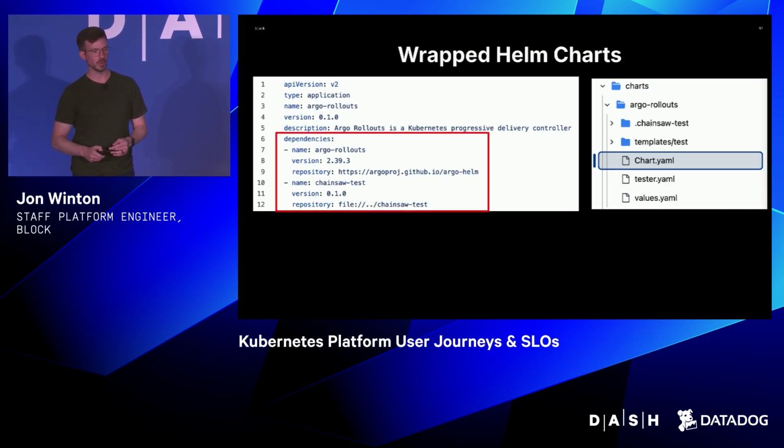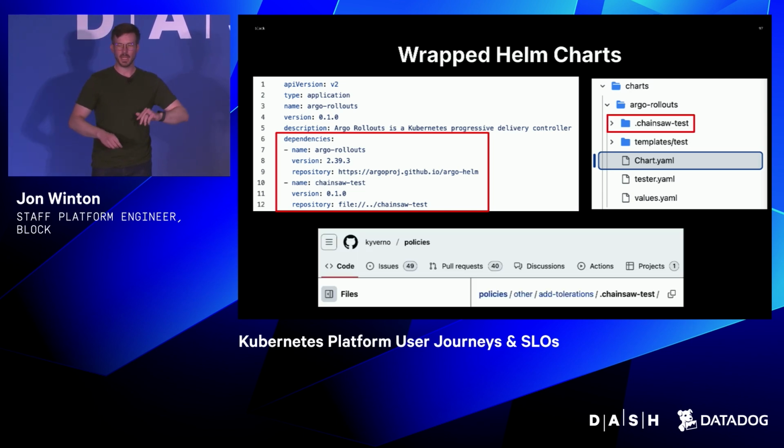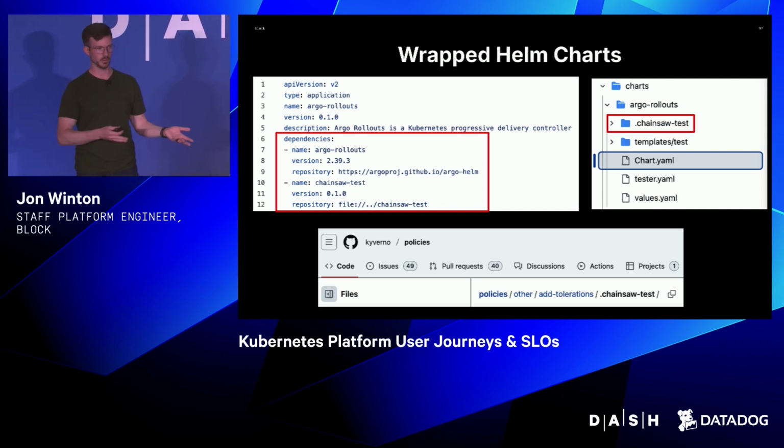Yeah, these are my post-talk slides. At Block, we take the upstream charts and we wrap them in our own versions, in our own charts, so that we can use other tooling to manage versions, all sorts of things.